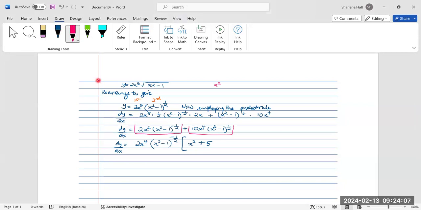x squared minus 1 to the negative half times x squared minus 1 to the positive 1. When I multiply those two, what do I get? x squared minus 1 to the positive 1 over 2.